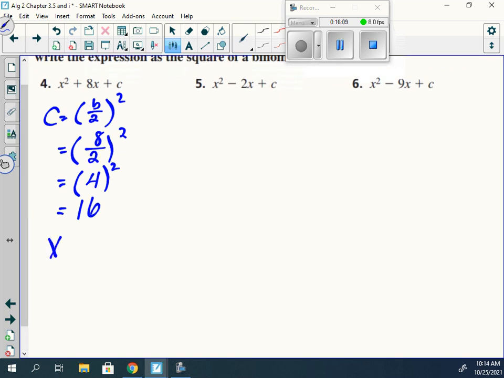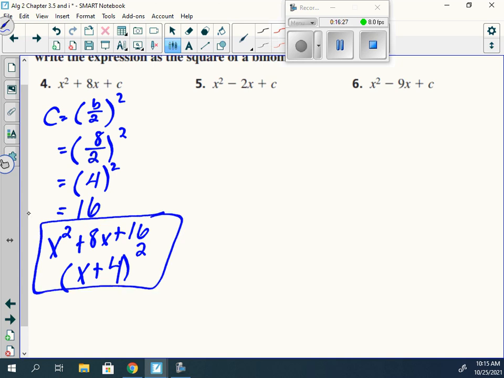So the equation would be x squared plus 8x plus 16, and our set of parentheses squared would be x. Yep. X plus 4 squared. Because 8 divided by 2 is 4, so that's the number that will go into it. And it's plus because it's positive.